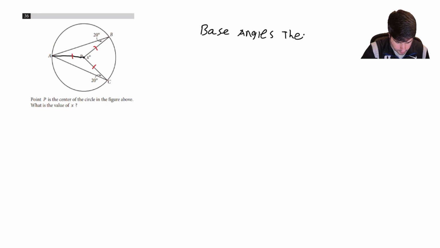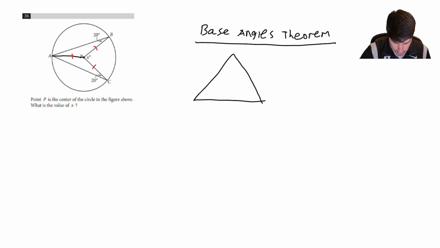The base angles theorem tells us that if we have any triangle such that we have two congruent sides, or two sides of the same length, and we have two corresponding angles theta 1 and theta 2, if these corresponding sides are congruent like so, then we know that theta 1 is actually equal to theta 2.